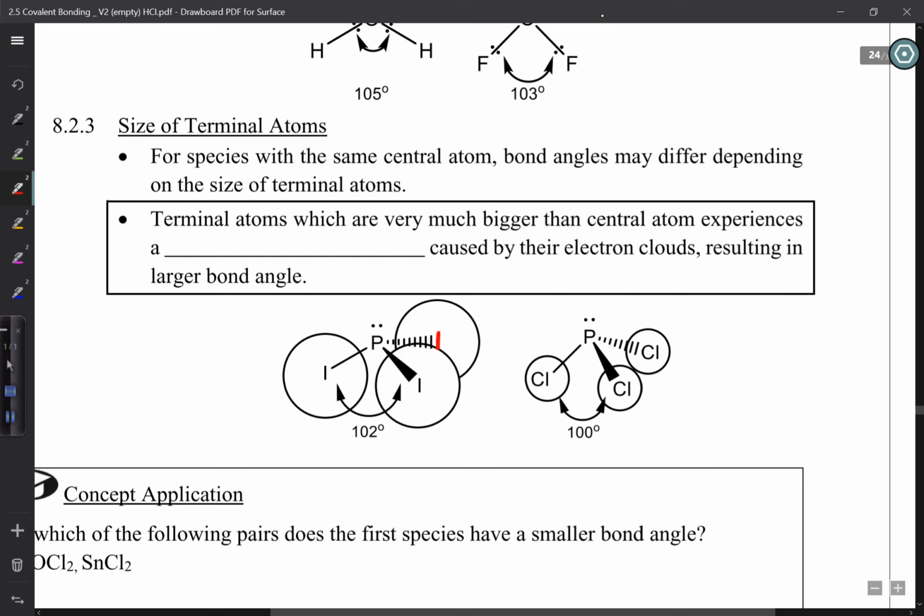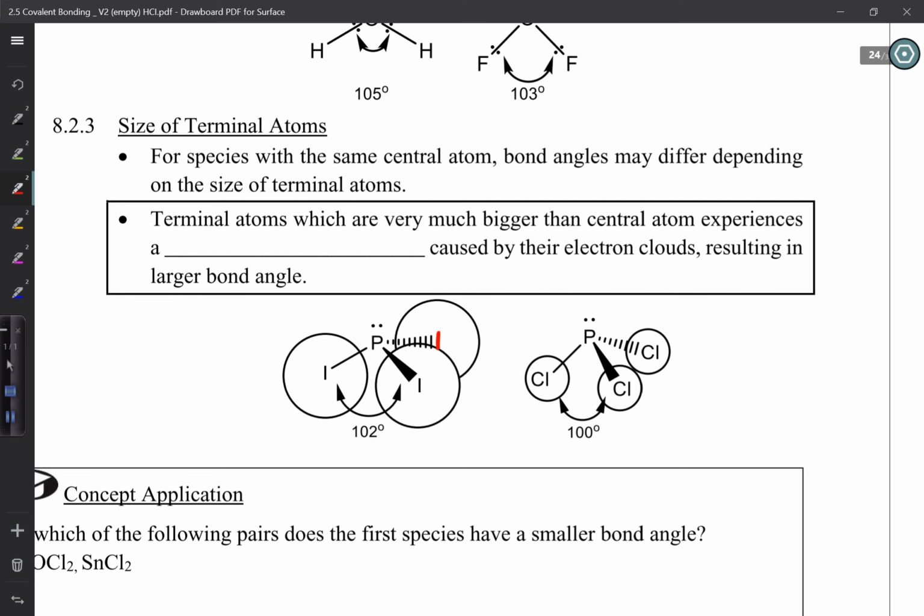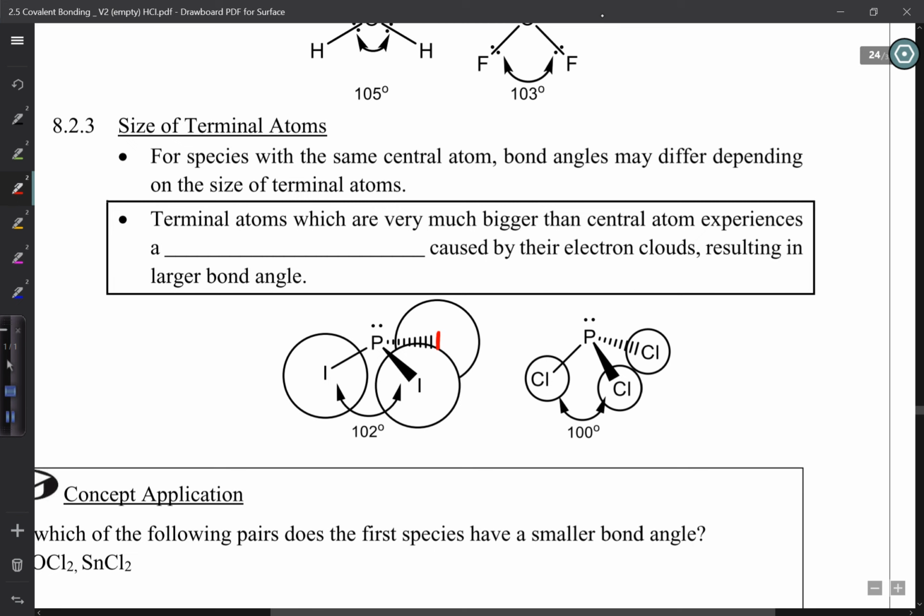The bond angle will definitely be bigger than you holding on to 3 apples, right? Just imagine you have 3 apples, each one dangling a string from the nib of the apple. The angle between the strings will definitely be smaller compared to 3 watermelons, right? So it makes sense. If you change from iodine to chlorine, the bond angle will be smaller.